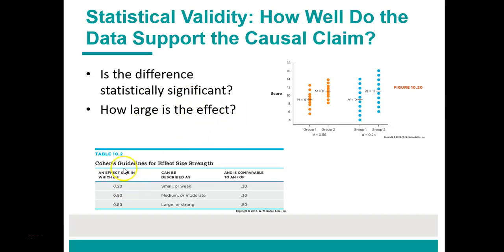Here's a Cohen's guide for effect size. And so when they present, very often statistically, they'll present Cohen's d, which is a measure of effect size. If you get a Cohen's d that you're reading about, that's a small effect. 0.5, that's a medium effect. 0.8, that's a large effect. And so this is how large of an effect the independent variable had on the dependent variable.